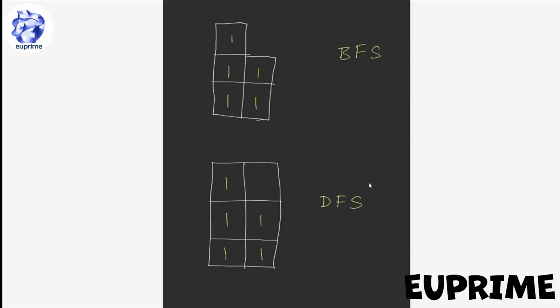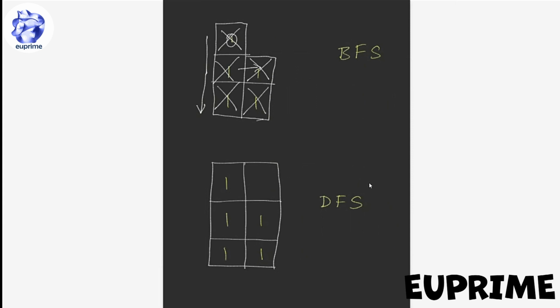Now, the reason it's DFS as opposed to BFS is the following. You get the top left corner and turn that into 0. Then you go to the nearby neighbor based on BFS. You get to this cell, and then you do BFS like this. You go to this cell, then this cell, and then eventually this cell.